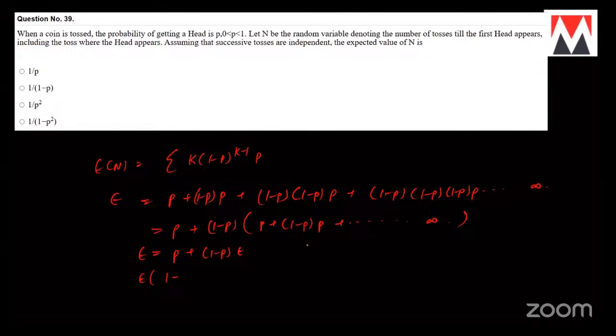So what do you get? E is equal to p plus (1 minus p) into E. So your p is getting cancelled, your E p is equal to 1, E is equal to 1 by p. So overall probability is 1 by p.